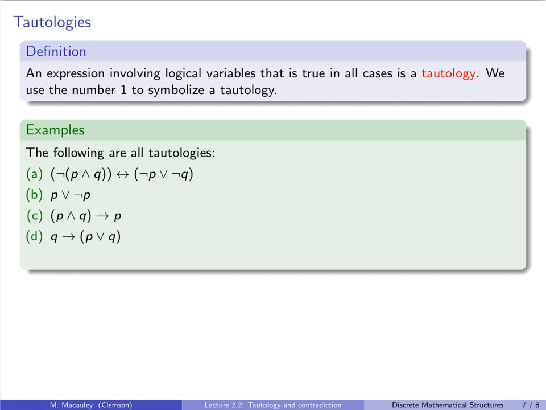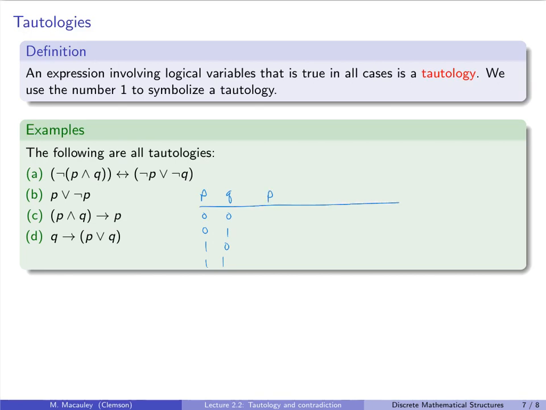Next is, in some sense, the dual of this third one. It says if Q is true, then P or Q is true. That certainly makes sense intuitively, but let's check the truth table again. So let's check P and Q. Let's try all the inputs: 0, 0, 0, 1, 1, 0, 1, 1.